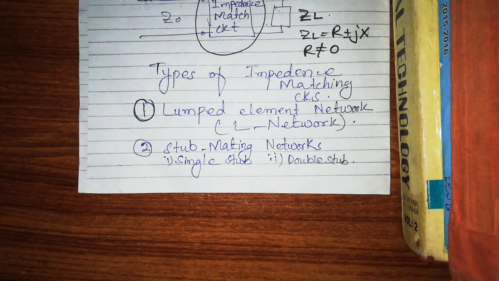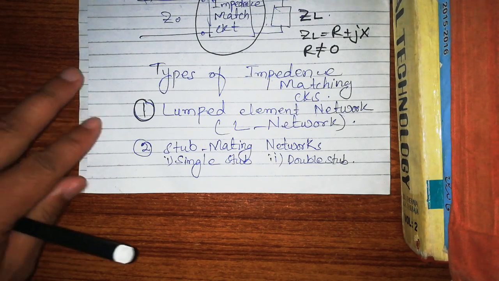And you may know from transmission line theory that these stubs will give us a pure imaginary value of impedance. So why are we using double stubs? A single stub has its own limitation, but we can overcome those limitations by using a double stub.